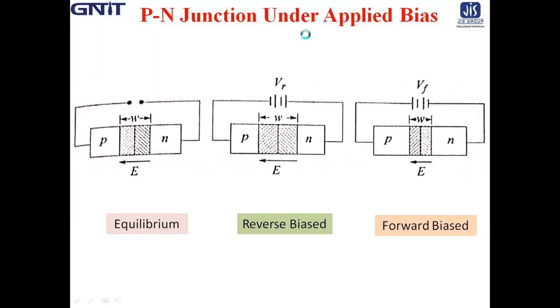Next, now we apply some external bias, that means some external voltage, in a PN junction. So, PN junction under applied bias.